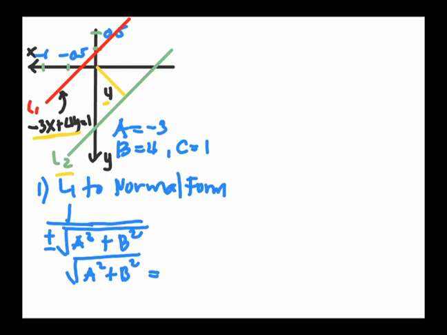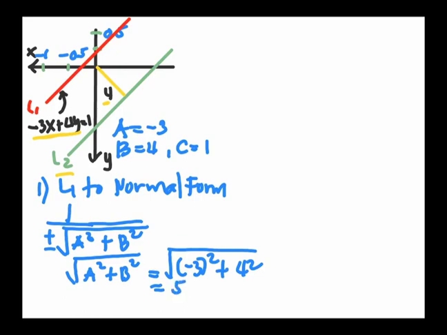Okay, so substituting the values of a and b, we'll now have the square root of negative 3 squared plus 4 squared, which will in turn give us the square root of 9 plus 16, which is the square root of 25, which is equal to 5.